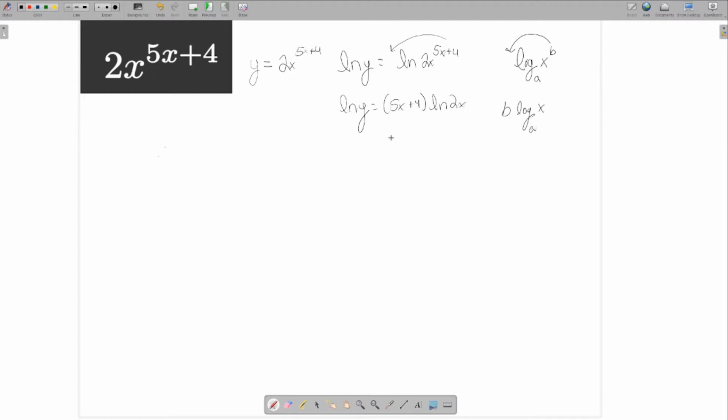Now this simplifies a lot, but we still have this natural log of y, which we're going to need to use implicit differentiation for. Let's do that right now. Let's take the derivative of this entire function, and we can just take the derivative of each side of the equation.